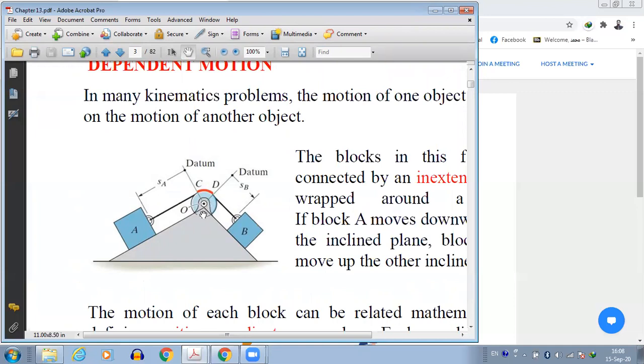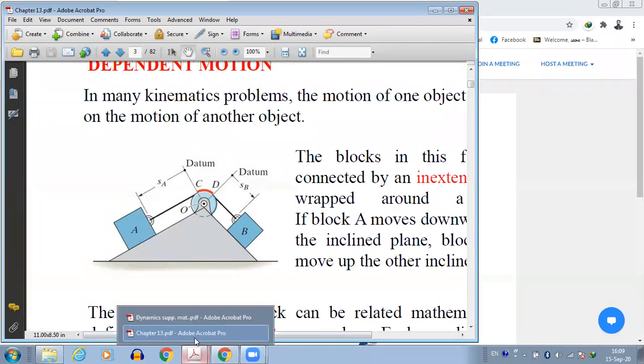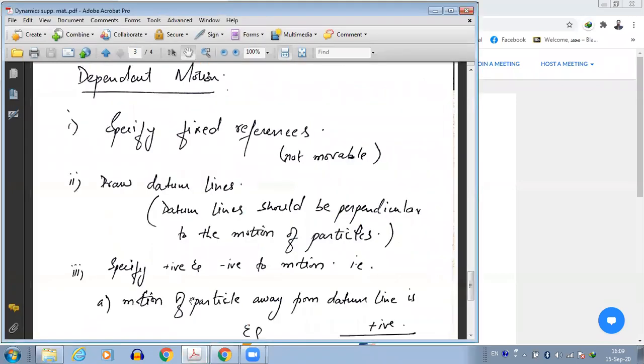It is not moving, and it is not going away from its location. So this pulley can be referred to as a fixed reference. Suppose the pulley was able to move from one place to another, then we could not use the pulley as the reference. So the reference should be fixed. This is point number one. I hope it is clear.